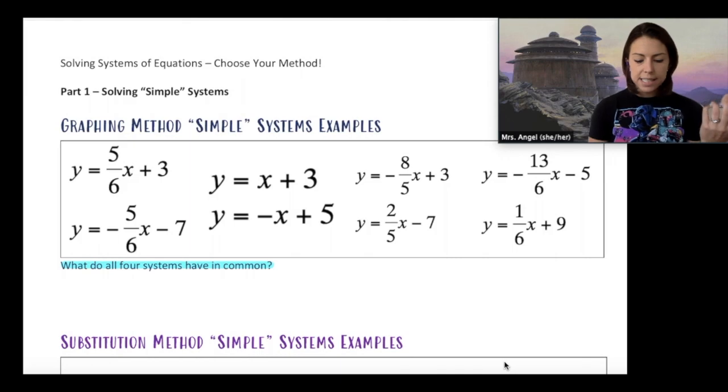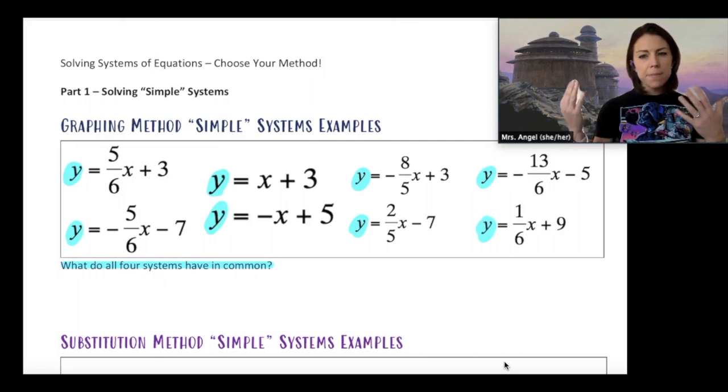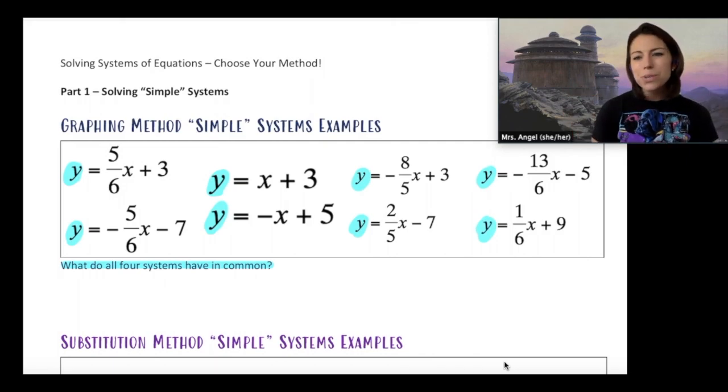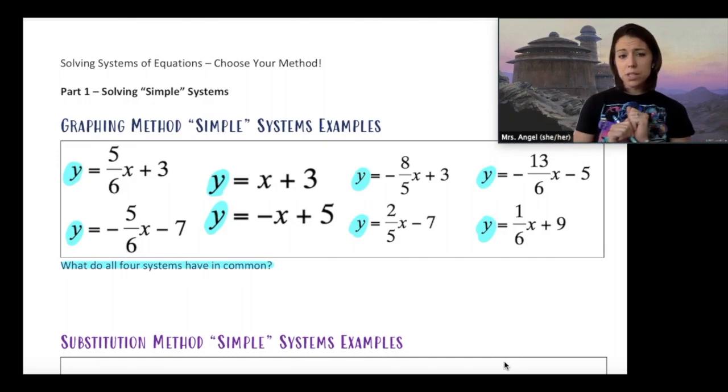So let's see if you were able to find what they all have in common. Something that stands out to me just by looking at it is that all of these systems have y isolated on one side of the equation: y equals, y equals, y equals. So maybe I'm thinking substitution, but then I also see fractions in some of these, which makes me not want to substitute.